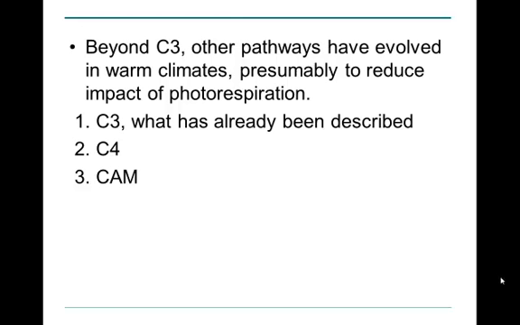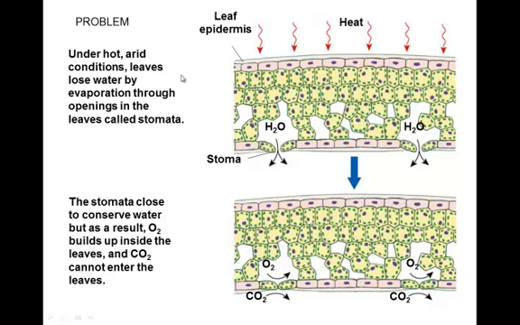We told you one problem is photorespiration, but what makes that even worse is what happens to plants in a hot environment. So under hot, arid conditions, these will lose water by evaporation through these leaf pores that are called stoma, or they can be called a stomate, and plural stomata.